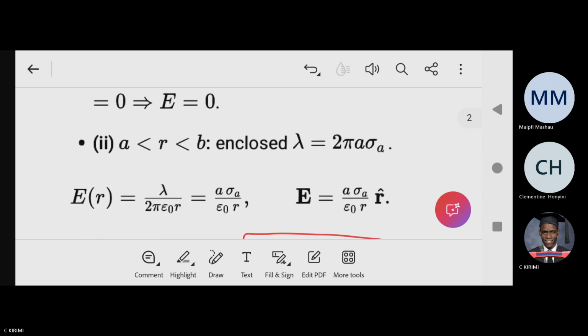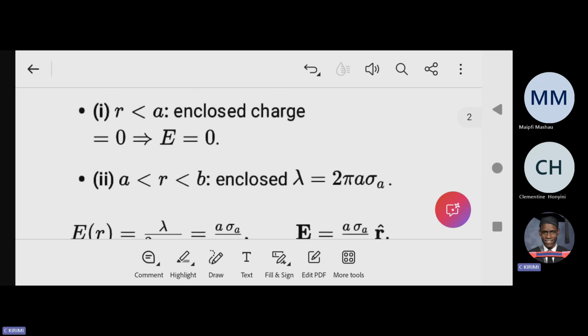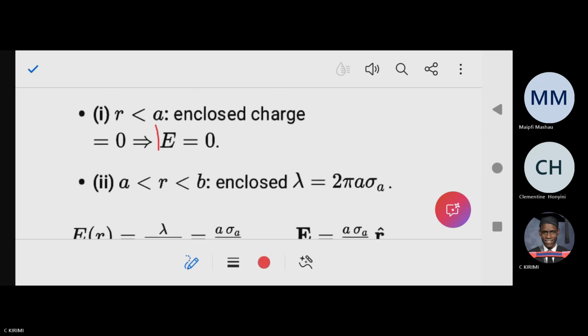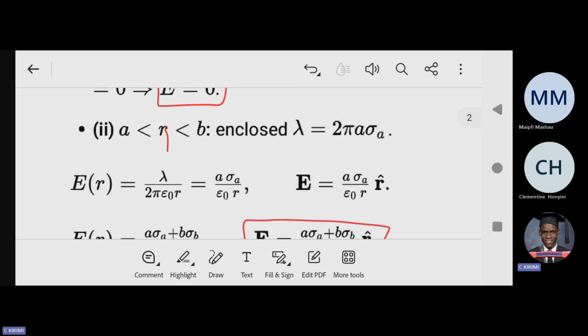All right. Then for the region 1A, we said E naught. Then for the region which is enclosed, B2, we gave our answer.